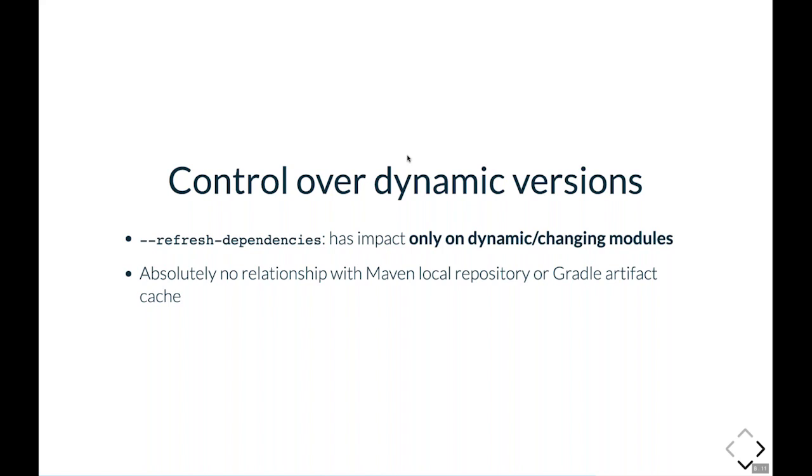Though if you do refresh dependencies all the time, you will incur a non-negligible cost on your build, because Gradle will still check for all metadata, whether it has changed or not. So it will still issue head requests, even for fixed versions. So often if you have a problem of performance, it is likely that these dynamic dependencies are part of the problem.